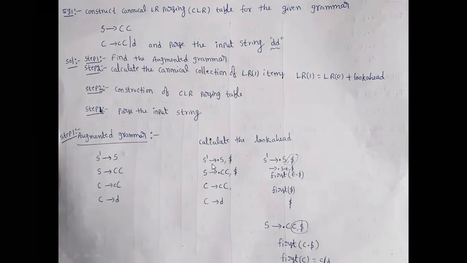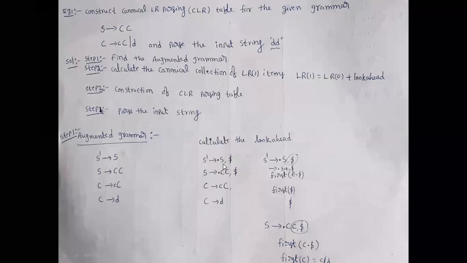For example, here S dash is production with dot S. So this is called one item. Initially, in this first production, S dash is production with S, we have to write S dash is production with dot S. It is the item.